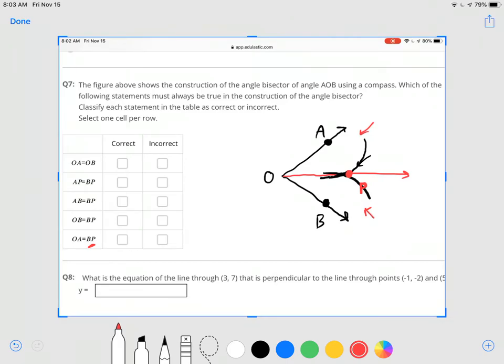So let's look at the first row. The first row says that OA is equal to OB. Is it true that OA has to be equal to OB? The answer is yes.